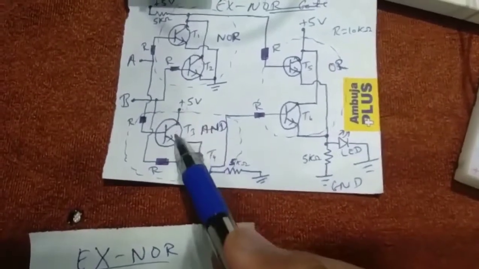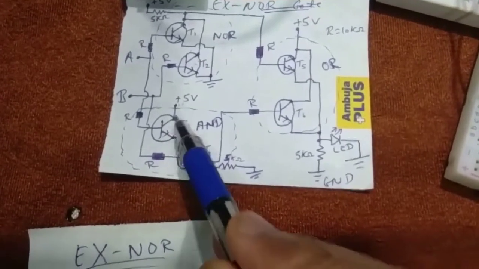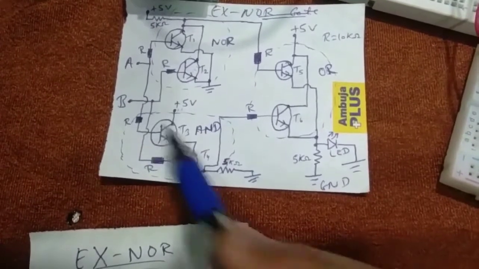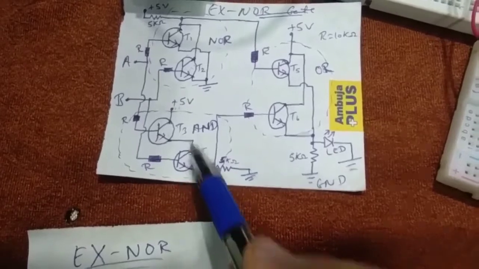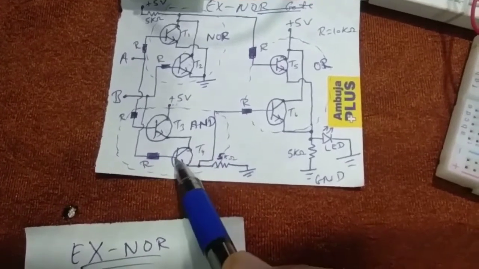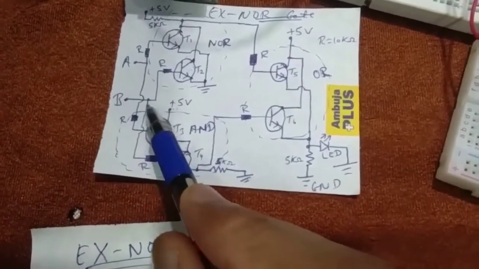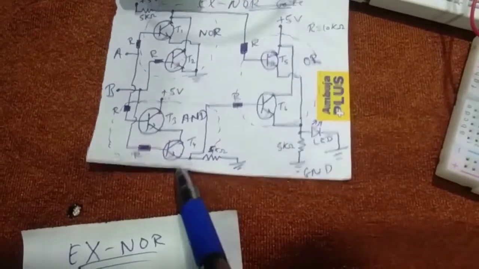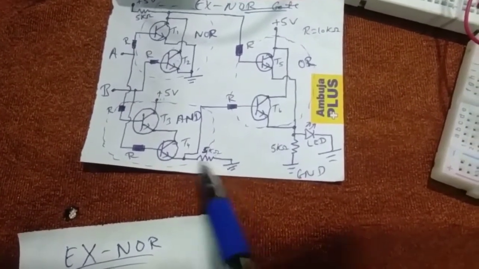You can see here the collector is connected with the plus 5 volt supply, and then the base is connected with input A of the T3 transistor. Then the emitter of T3 is connected directly with T4, making a series connection, and again the base of T4 is receiving input from B using a resistor R, and the emitter of the T4 transistor is connected to the ground using a 5 kilo ohm resistor.